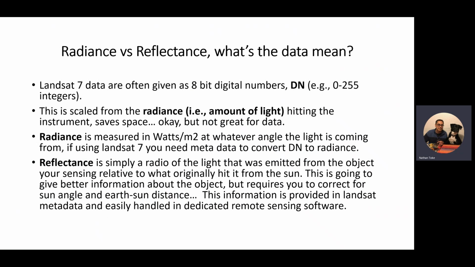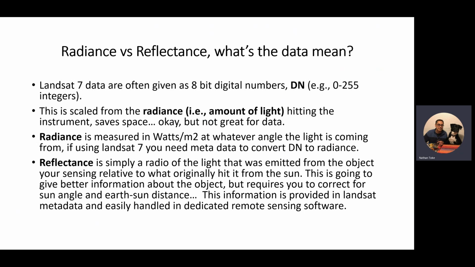Radiance versus reflectance. What does the data mean? So Landsat data are often given as 8-bit digital numbers, like a photo. So 0 to 255. This scale is basically scaled to the amount of light hitting the instrument.